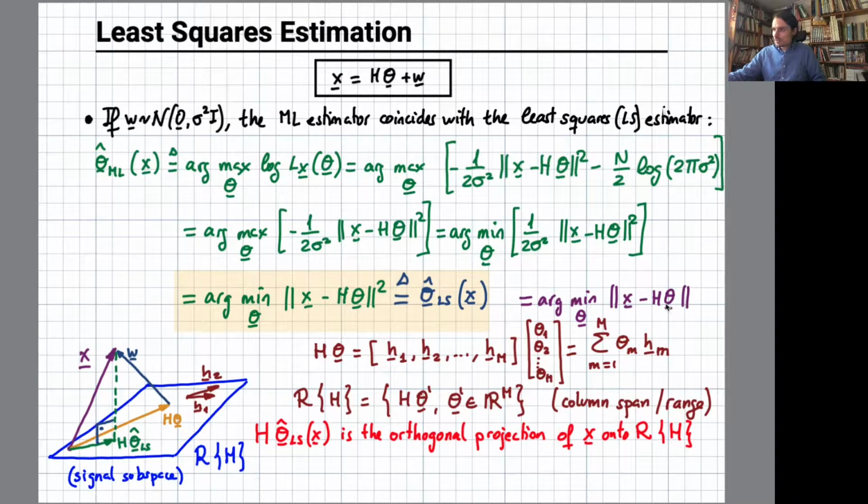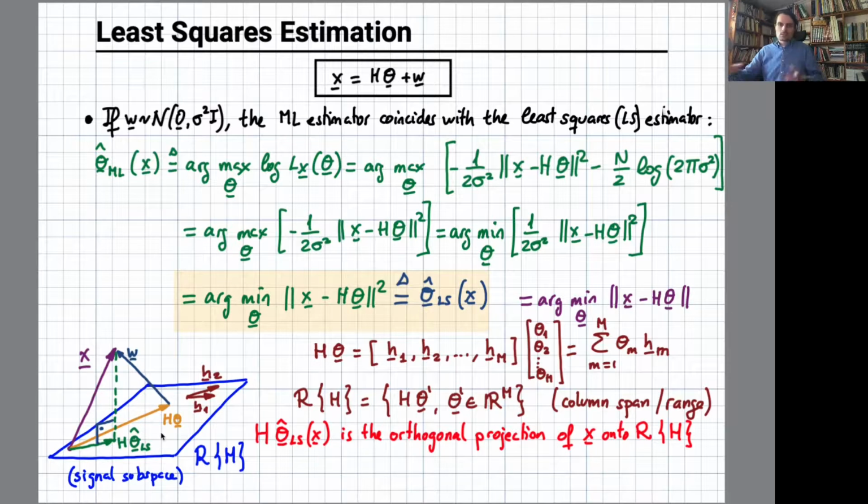Think that theta can be thought of as the coordinates of H theta, of this vector here, in the basis defined by the columns of H, right? This is common linear algebra terminology, right? So we need to find the closest vector on this subspace to this given data vector.